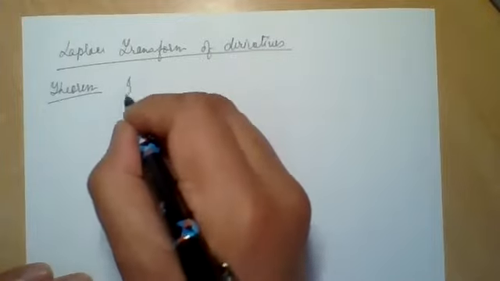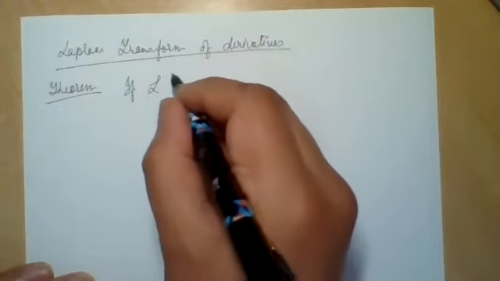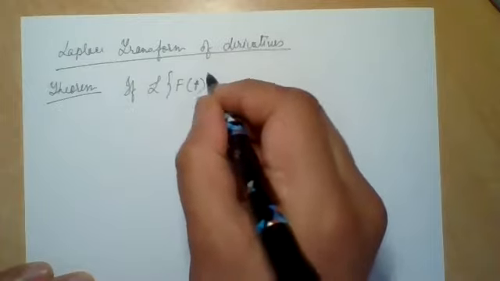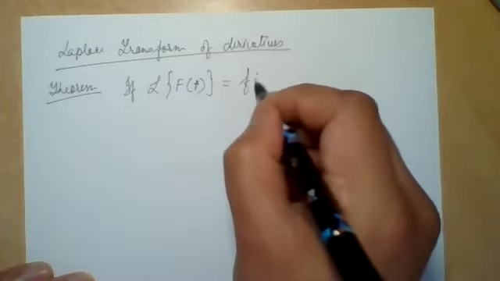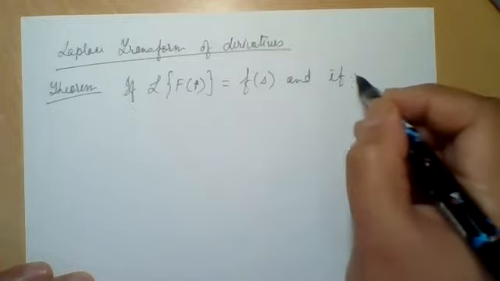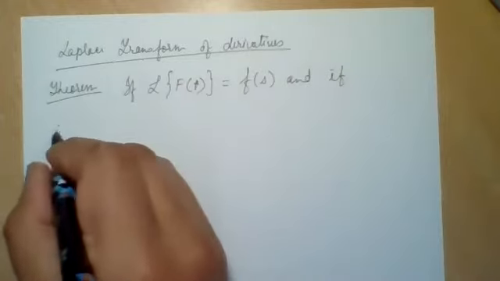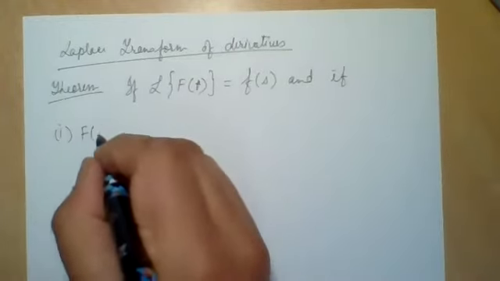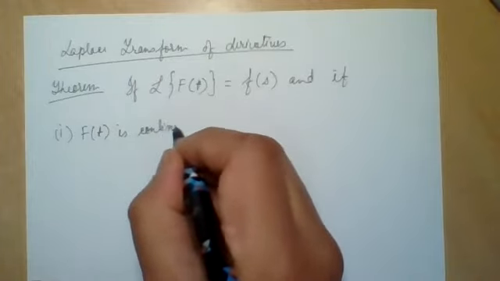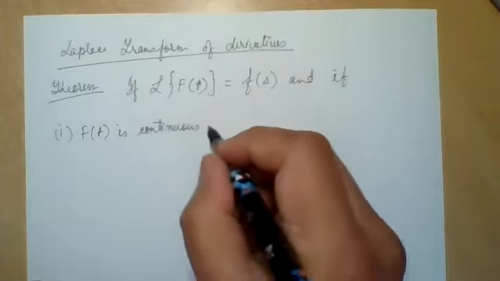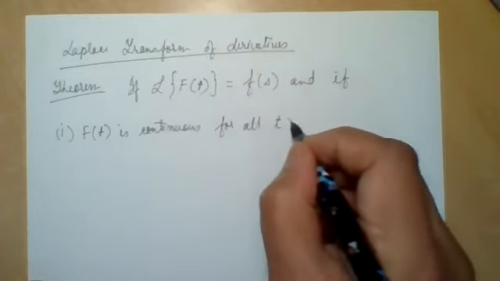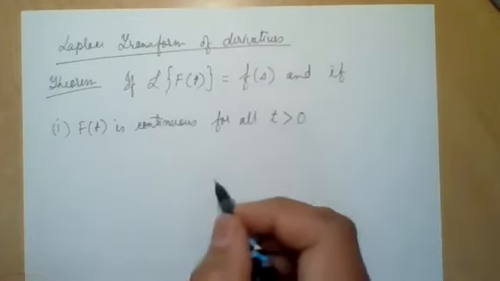Theorem: if the Laplace transform of the function f of t is equal to F of s, and if number one, f of t is continuous for all t greater than 0.